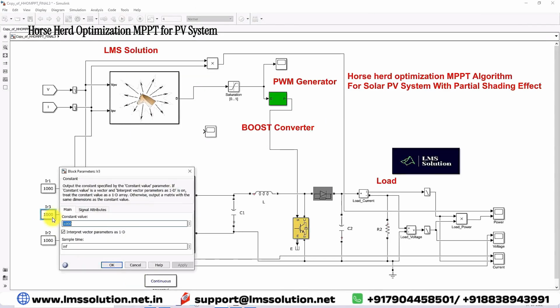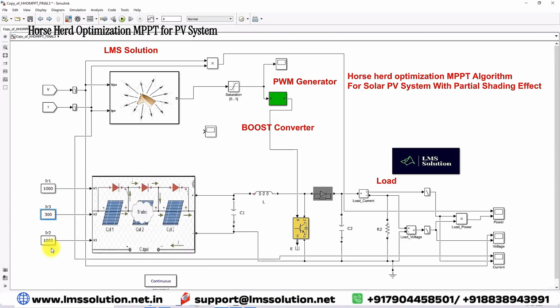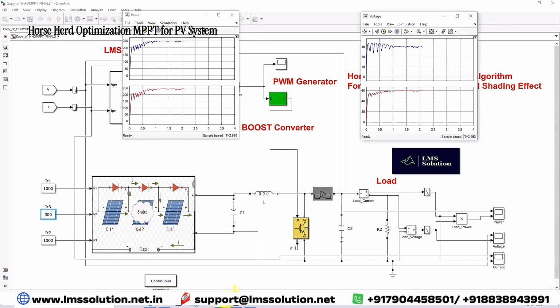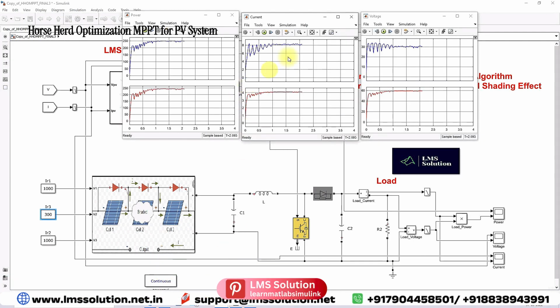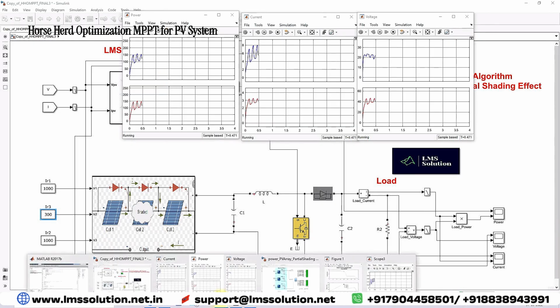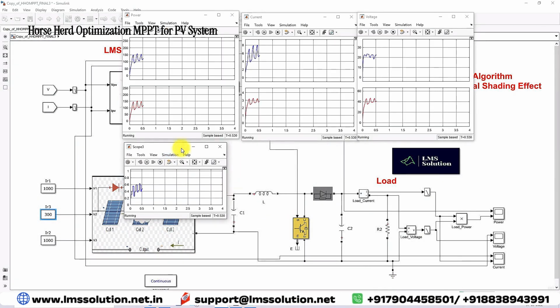Next, we have to fix the same condition here, 1000, 300, 1000, and check the power extraction from the PV panel with the cascade optimization MPPT. We should extract the maximum of 160.9 watts. We'll check the results and the duty cycle variation. Here you can see the variation of the duty cycle.